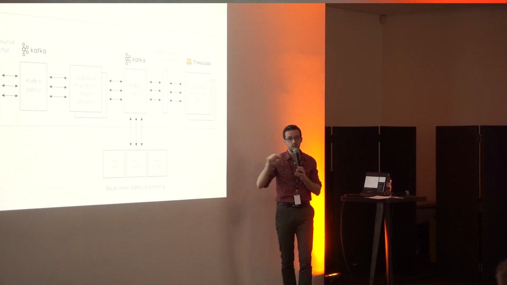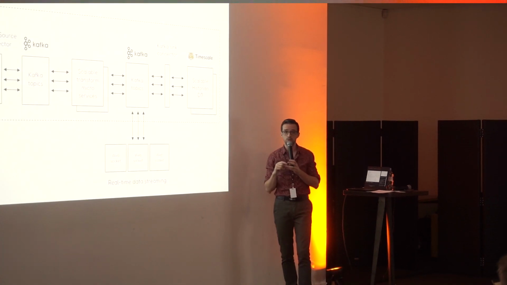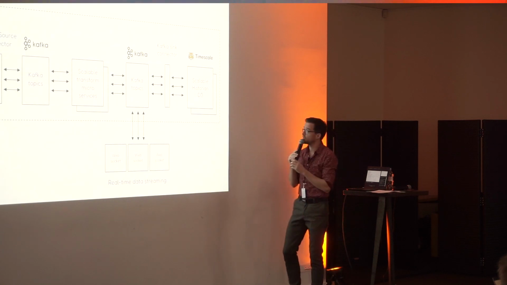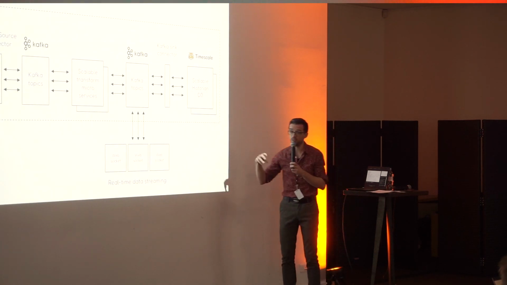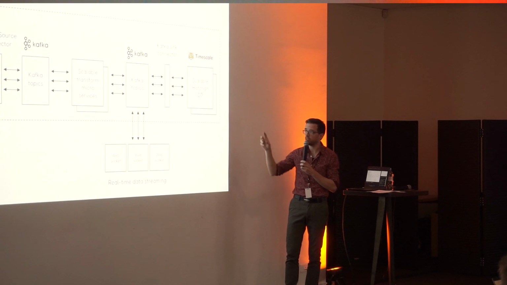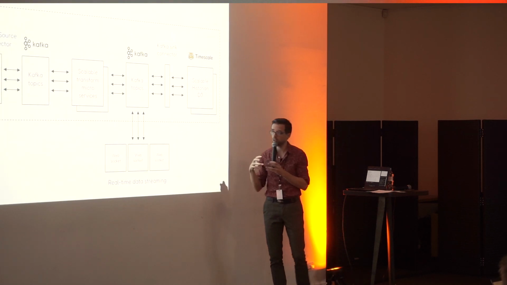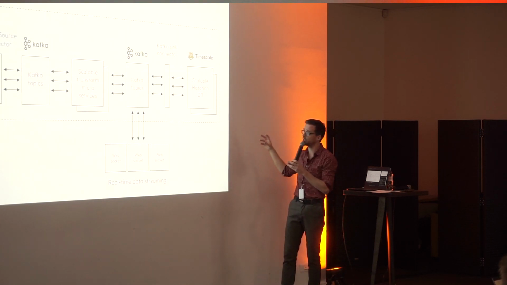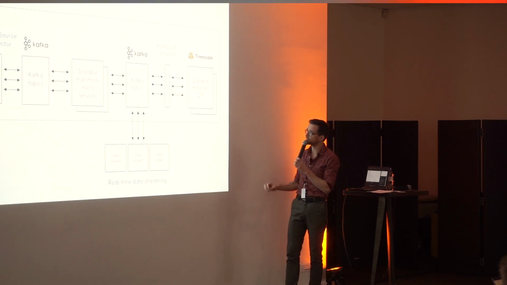You want to add alarms. You want to transform data to get a use case on it. So you have to get one microservice to transform the data before sending it to the historian or to the real-time data streaming.